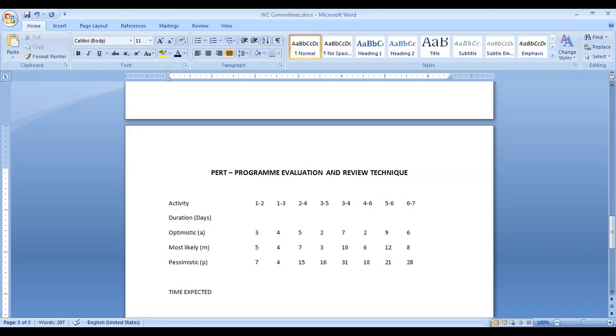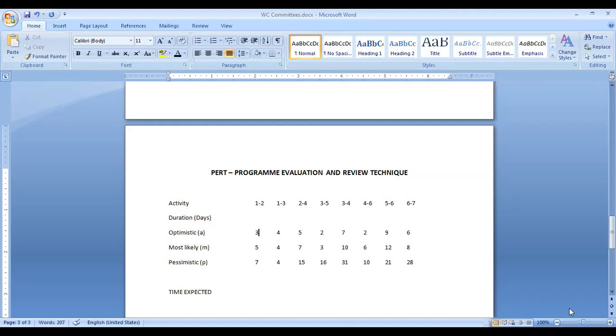This time expected is actually the weighted average time of these 3: optimistic, most likely, and pessimistic. Normal average is to add the 3 timings for each activity and then divide by 3. It is a simple average. Say for example for 1 to 2, the simple average will be 3 plus 5 is 8 plus 7, 15 divided by 3 is 5.